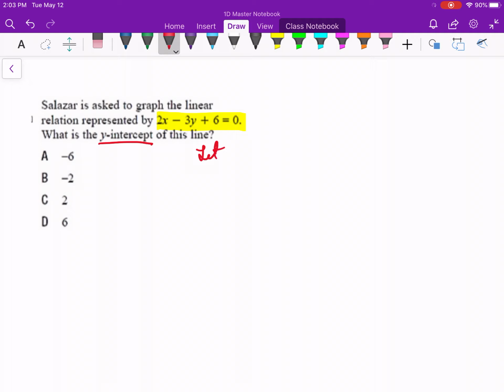Don't like using blue or red, though. I'm going to use blue. Let x equal 0, and therefore that x term just disappears, right? And so what I'm left with is -3y plus 6 equals 0. And then I solve it from there. Oops, I want to rearrange first, though.